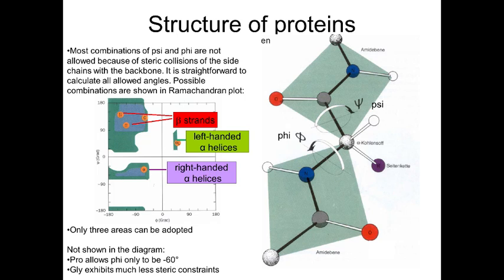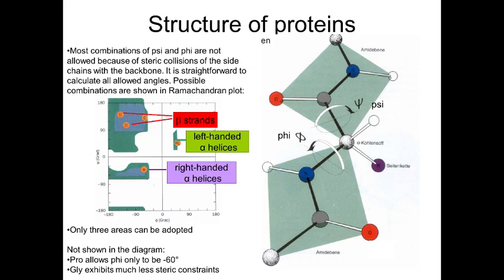Most of these combinations of psi and phi are not allowed because of steric collisions of the side chains, shown here with the purple balls, with the backbone. It is straightforward to calculate all allowed angles, and the possible combinations are shown in the Ramachandran plot on the left-hand side here.